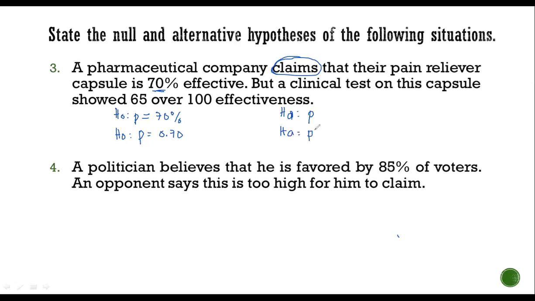All right. So on the second problem, second hypothesis, which is your alternative, usually yan as a second sentence: but the clinical test on this capsule showed 65/100 effectiveness. Tanong natin sa sarili natin, anong sinasabi ng sentence na yan? Will it affect your claim? Hindi. Ang sinasabi lang niyan, merong isang test na nagsasabi, hindi yan masyadong efficient.